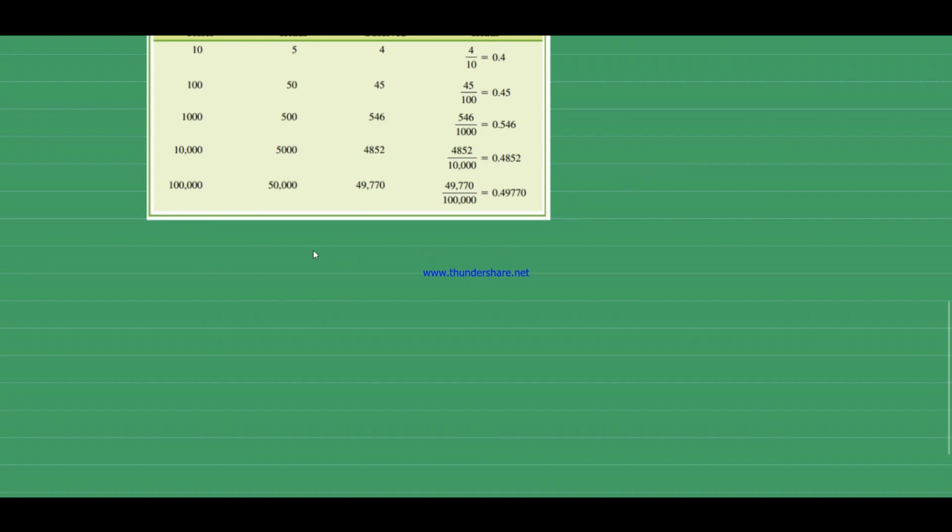And what is the theoretical probability over here? We know that the sample space is just head and tail, and in order to get a head, the event has only one element. So the theoretical probability in this case is actually 1 over 2, right?